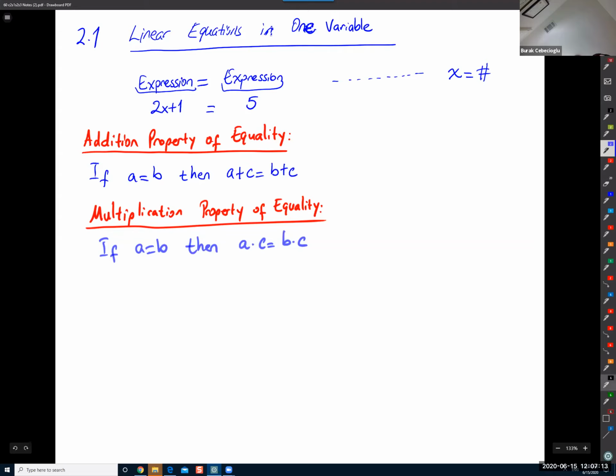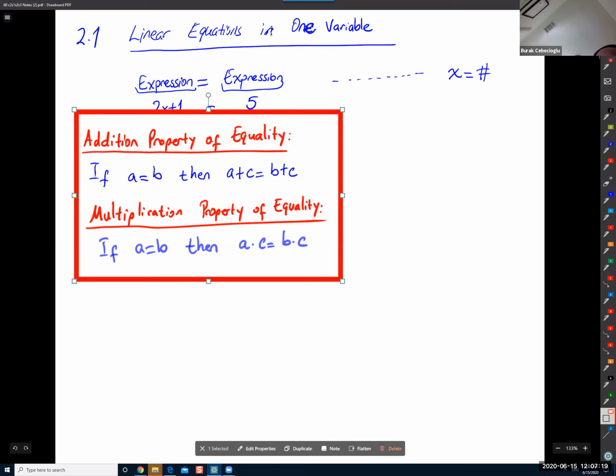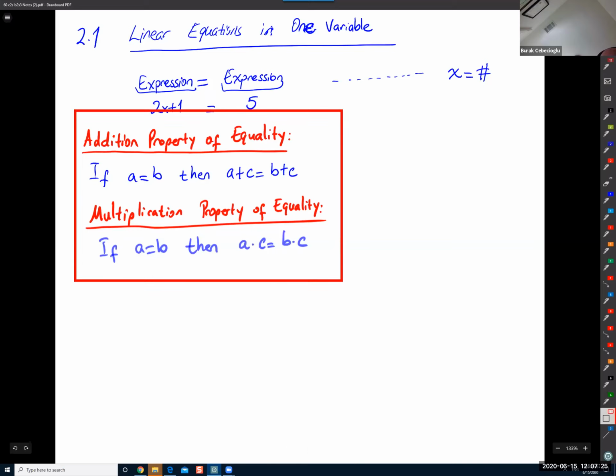So these are the two properties we need to study. It is legal to add the same thing to both sides, and it is legal to multiply both sides of the equation by the same thing.